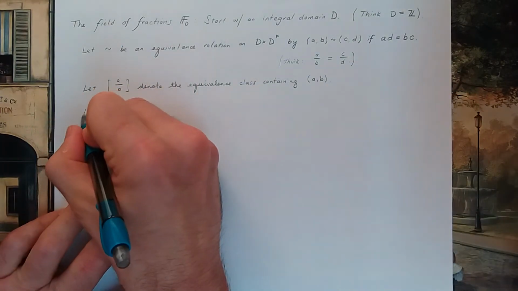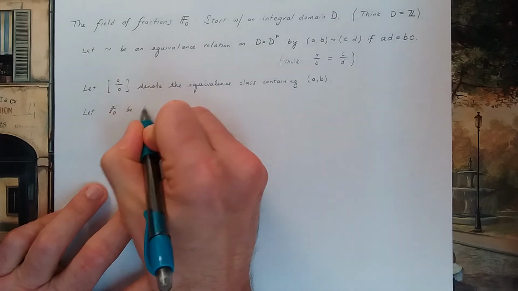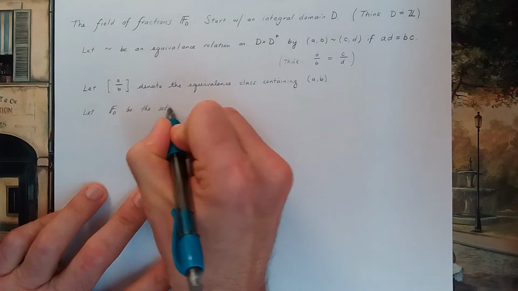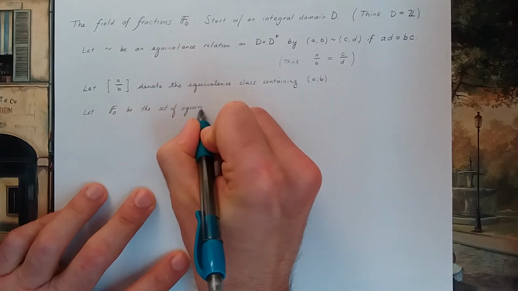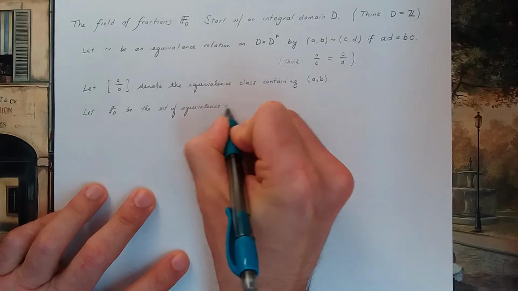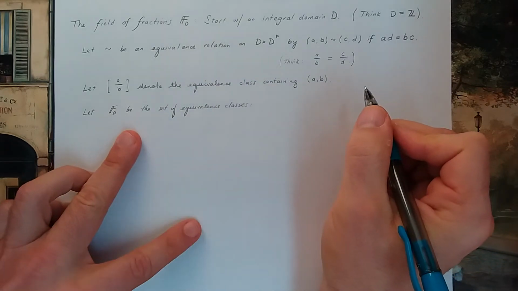So let F sub D be the set of equivalence classes, and I need to define a multiplication and an addition.